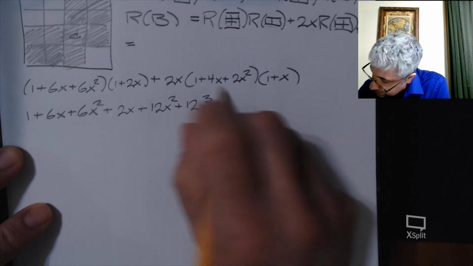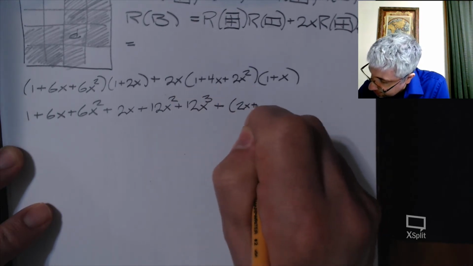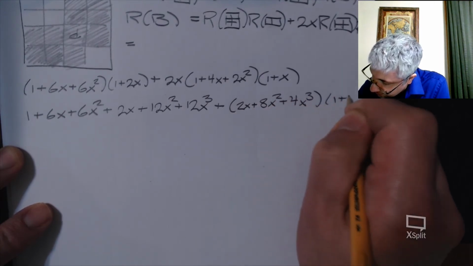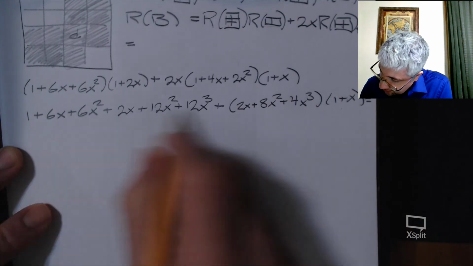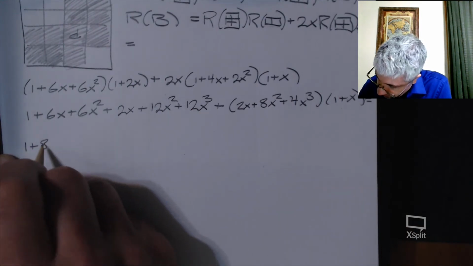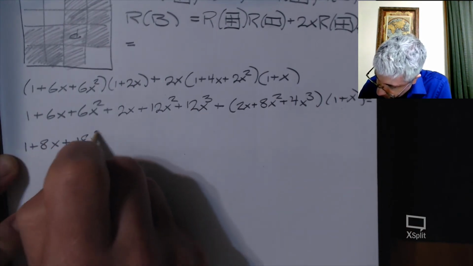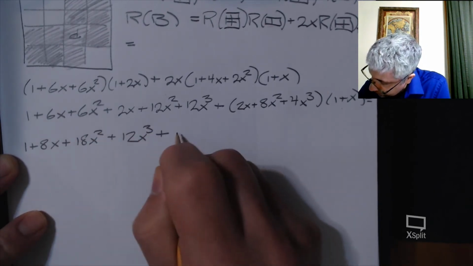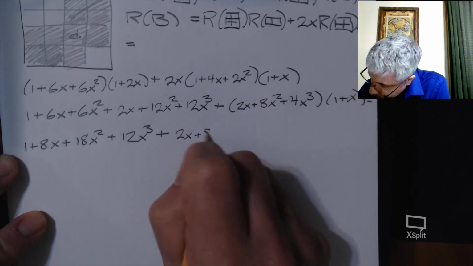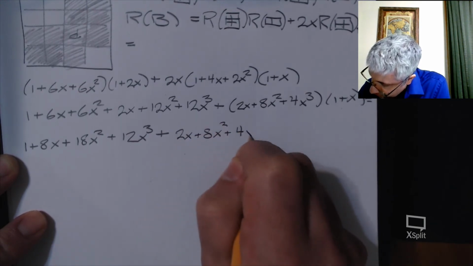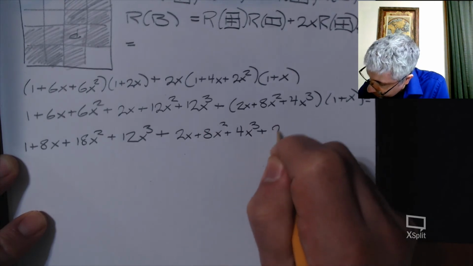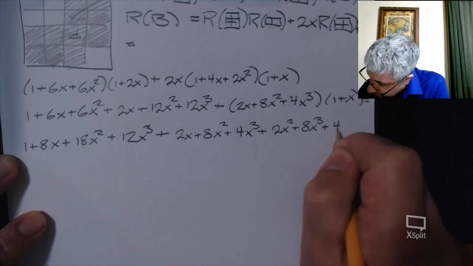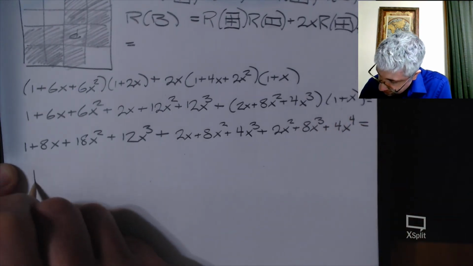So let's do this part first. 2x plus 8x squared plus 4x cubed, 1 plus x. And now for this, I'm going to get 1 plus 8x plus 18x squared plus 12x cubed. And for this, I'm going to get 2x plus 8x squared plus 4x cubed plus 2x squared plus 8x cubed plus 4x to the fourth. And now I just combine terms.